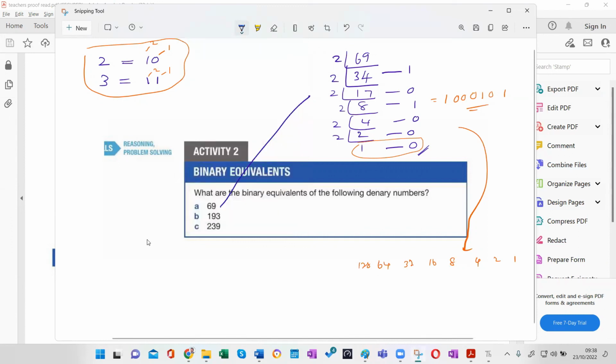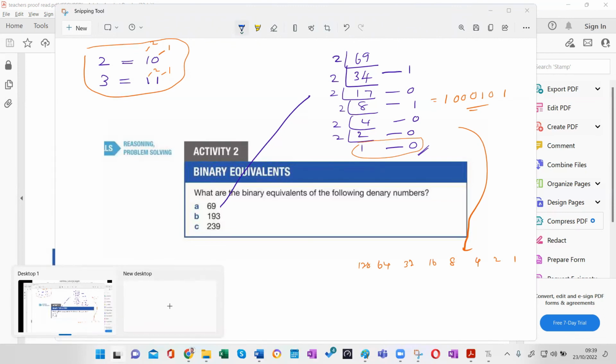Do we have 128 in 69? No, right? No, sir. So it's 0.